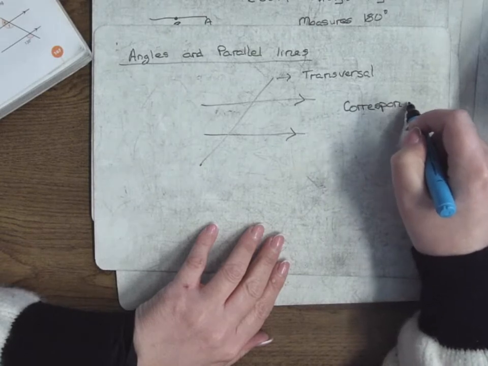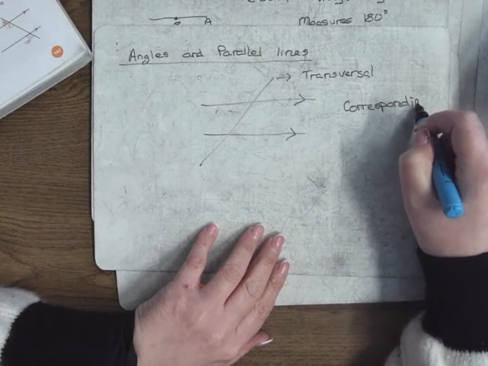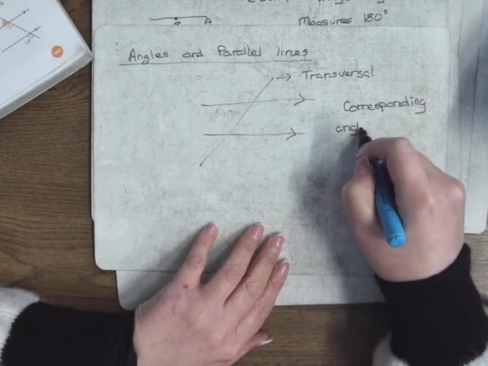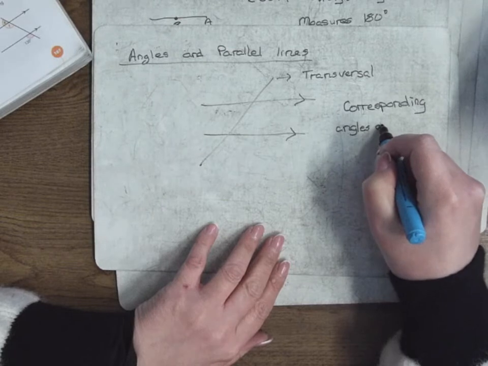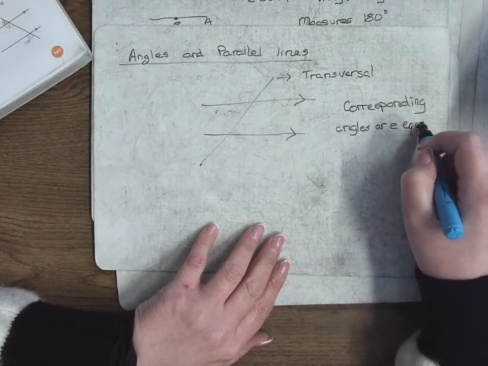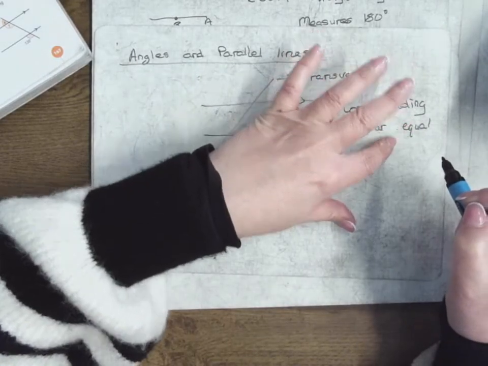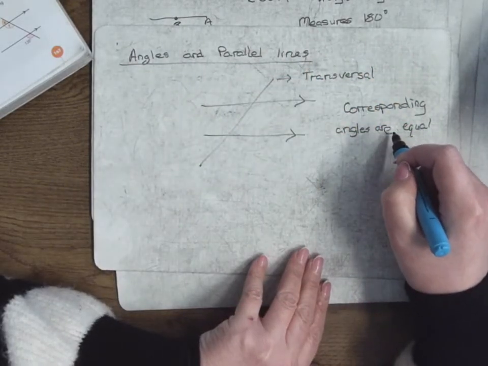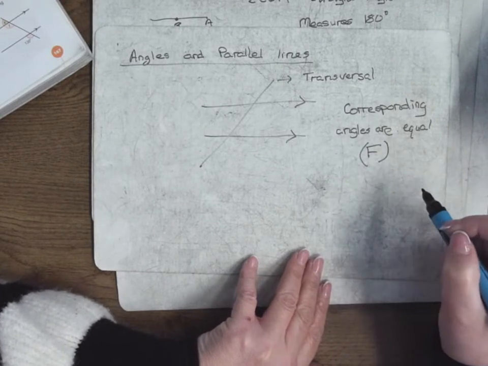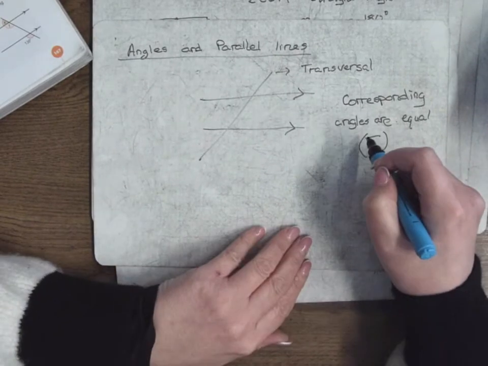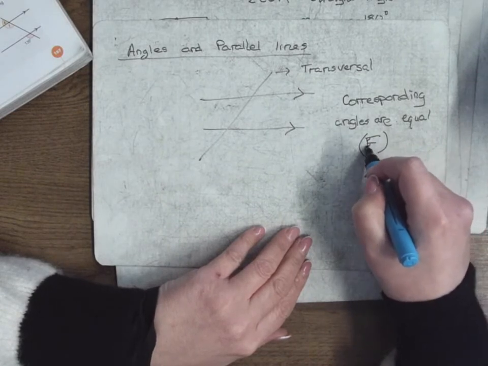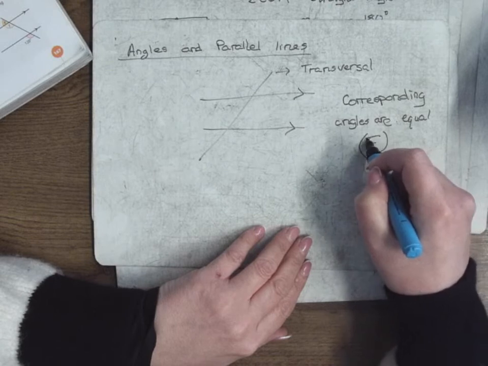I'll explain what they are in a minute. I'm just going to write down: corresponding angles are equal. So if you're trying to figure out which are the corresponding angles, girls, you're going to draw the letter F. If you draw a letter F, see the angles inside the F?